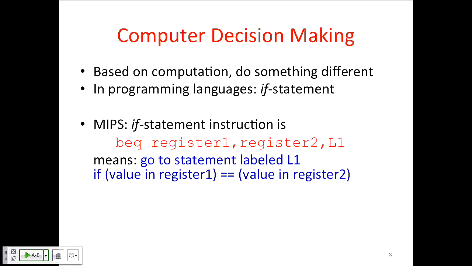The other place is given a label. That label is just text in the assembly file. What will happen is the assembler will figure out, when it's done building the binary code, which address that label corresponds to. And then in the branch instruction itself, the branch instruction has an offset that says how many bytes plus or minus from this PC is the target if the branch is taken, right?